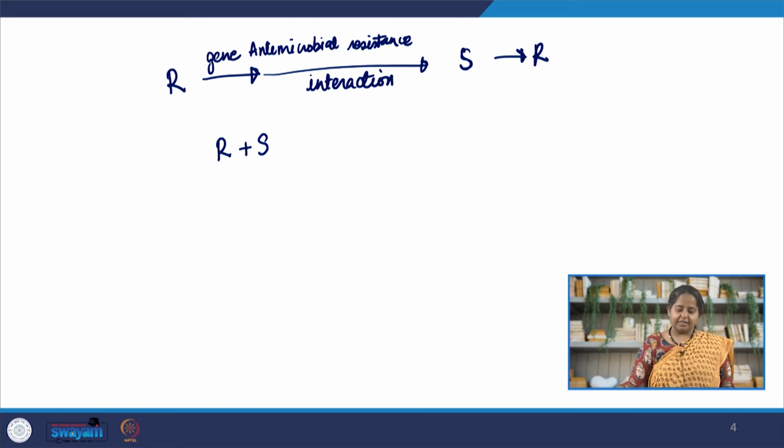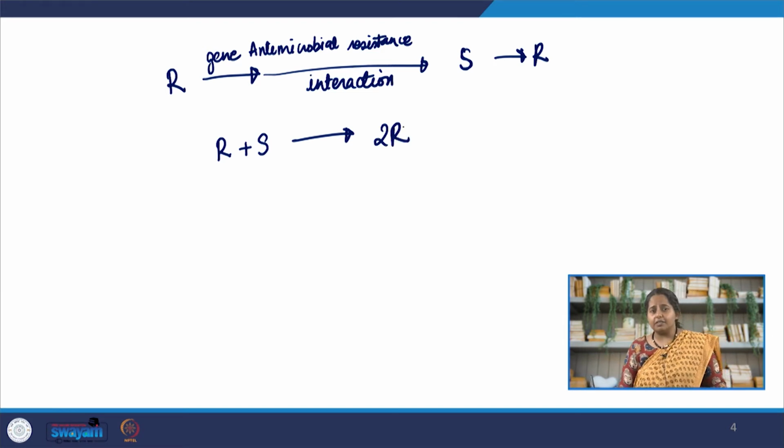So a sensitive bacteria and a resistant bacteria are interacting with each other. There is a rate constant, because not all interactions between a resistant and sensitive bacteria will end up with the sensitive bacteria becoming resistant. But whenever the reaction is successful, we'll end up with two resistant bacteria for each interaction between a resistant and a sensitive bacteria. So let's say K is your rate constant.